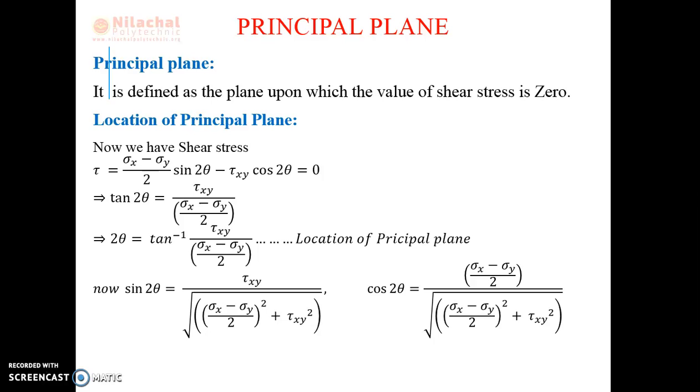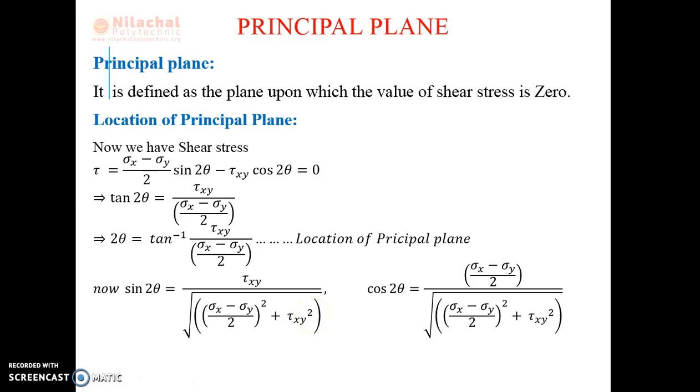We know that if a triangle has B and P, then H can be found as the square root of P square plus B square, where P is tau xy and B is (sigma x minus sigma y)/2. So B square is ((sigma x minus sigma y)/2) whole square and P square is tau xy square.